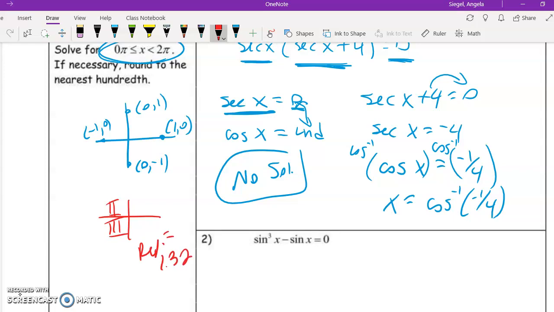And so in quadrant 2, I'm going to take pi minus 1.32, and that's going to give me my angle in quadrant 2, which ends up being 1.82. And then in quadrant 3, I'm going to do the same thing, except I'm going to add the 1.32. It ends up being 4.46.